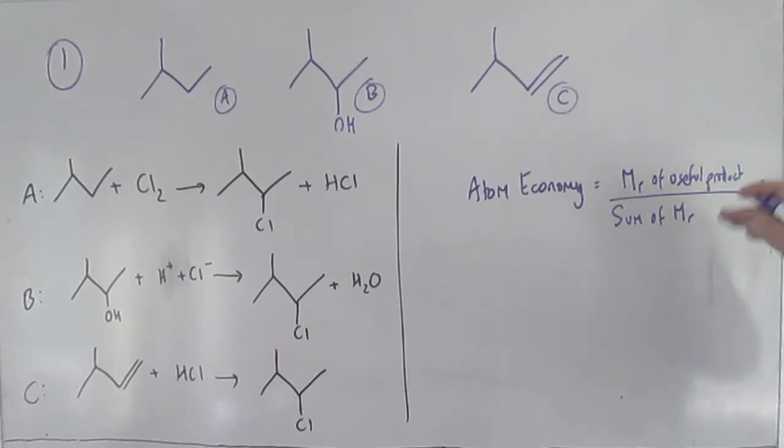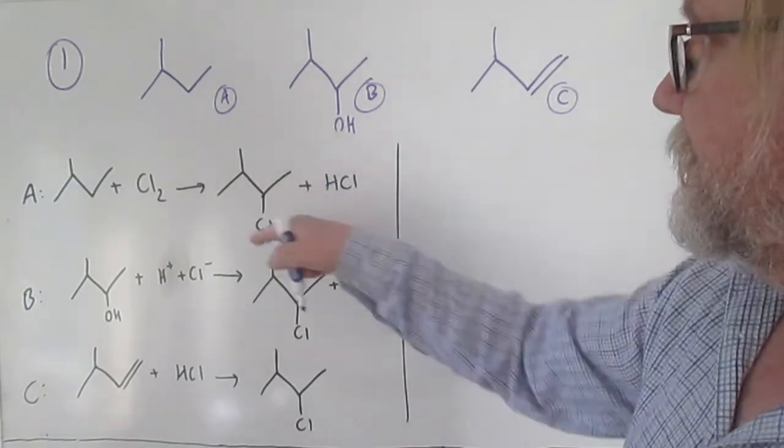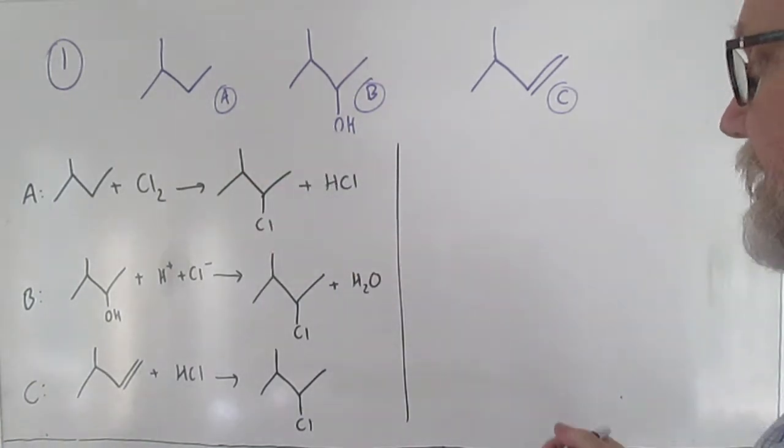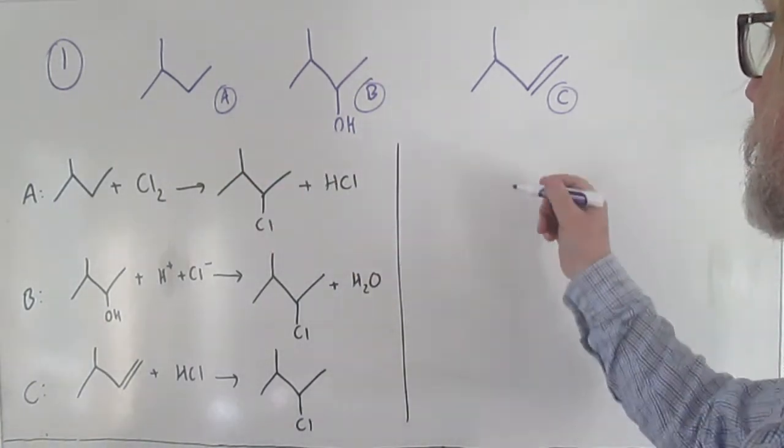So it's the MR of the thing you want, which in this case is your chloroalkane, divided by the sum of the MR of all of the products. So this plus whatever else is produced times 100. So we can just work that out for each of these equations relatively straightforwardly. So the MR of 2-chloro-3-methylbutane is 106.5.